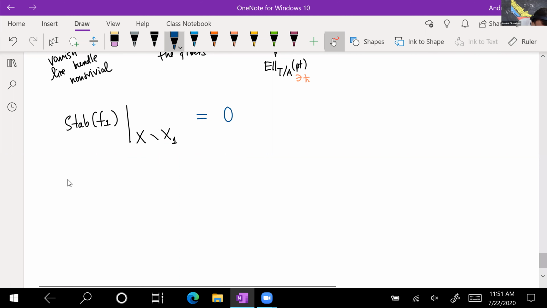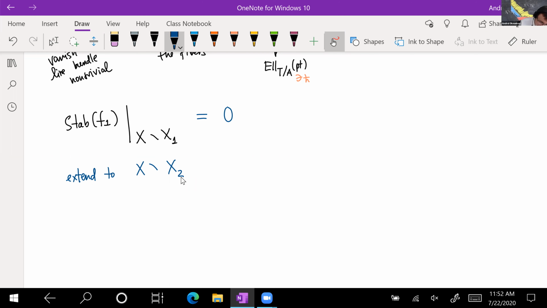So then the inductive step: we extend to x minus x2. Then we better get something interesting, right? Otherwise, if we get the 0 class, it's not so interesting.